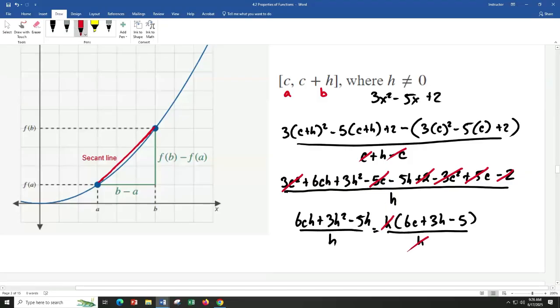H reduces out, and you're left with just 6c plus 3h minus 5. That would be your average rate of change.